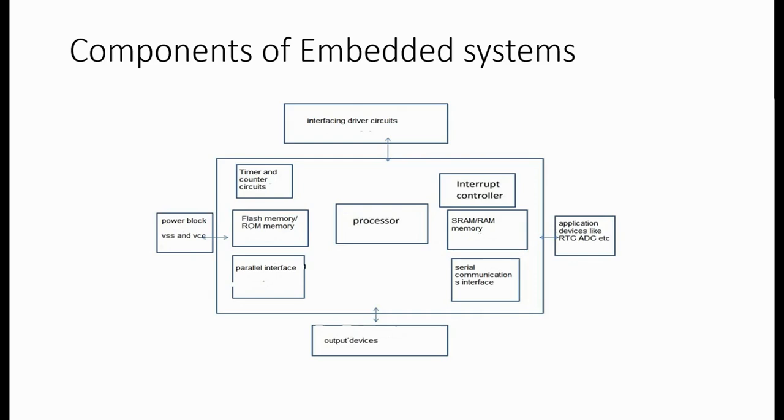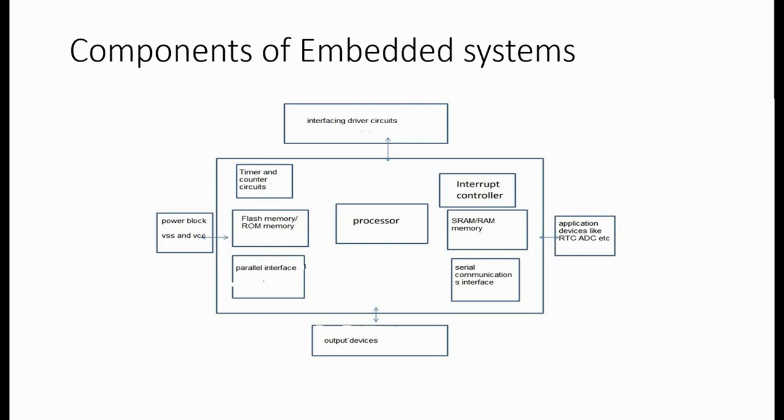Timers and counters are used for time delays, event counting, pulse width measurement, etc. Interrupt controller monitors and prioritizes interrupt signals. It also helps the processor to respond quickly. Serial communication interface is for communication with other devices using protocols like UART, SPI, I2C. It sends and receives data 1 bit at a time.